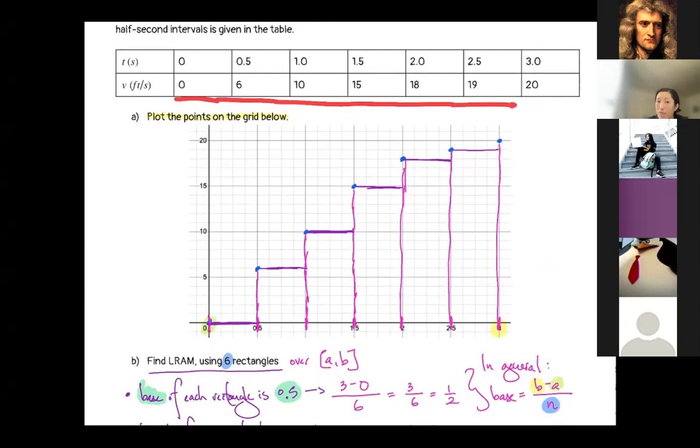I only have 6 rectangles, so I better only have 6 heights. If I have more than 6 heights, then I have more than 6 rectangles. So the number of heights that we have should match the number of rectangles we want.